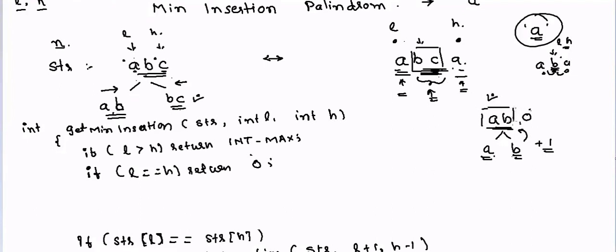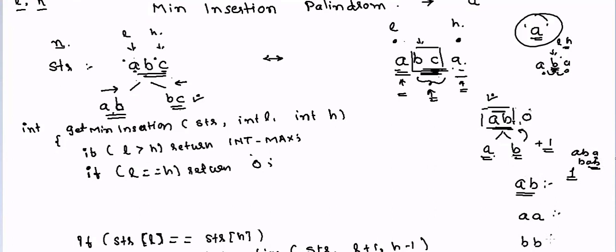If there are 2 characters, we need to check how many characters are needed to insert to make this AB a palindrome. So we know that if there are 2 characters, AB, or say suppose AA, or say suppose BB, to make this string a palindrome, we need only one insertion, which is like either ABA or BAB, correct?